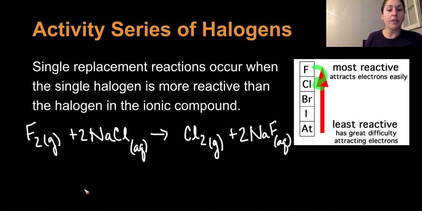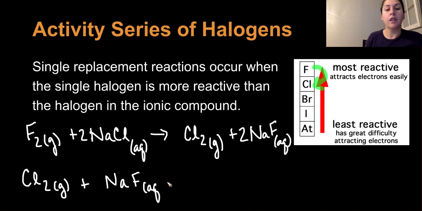Now the opposite of that, if we started with chlorine gas and we added to that sodium fluoride, okay, no reaction would occur. So if we move the other direction, say we move up here, and we move from chlorine being the single thing and trying to replace fluorine in the compound itself, we know that this will not happen, okay?